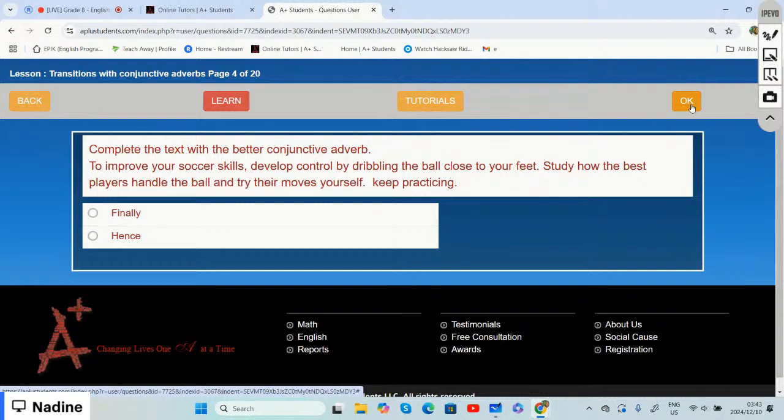All right. So we need to choose between either finally, keep practicing, or hence, keep practicing, especially since they're coming up with ways of saying how you can improve your soccer skills.